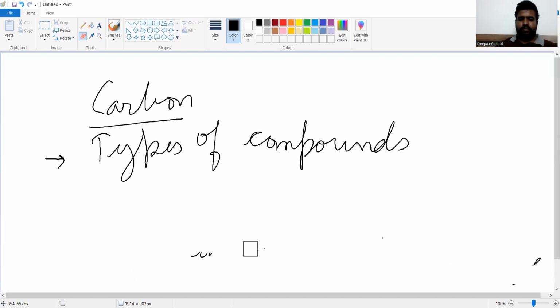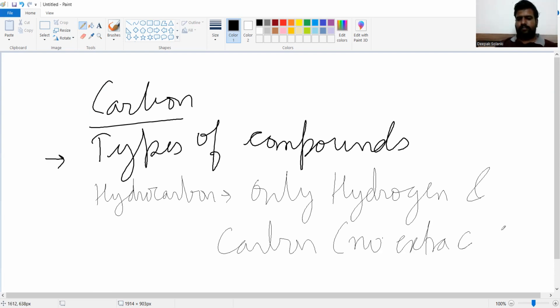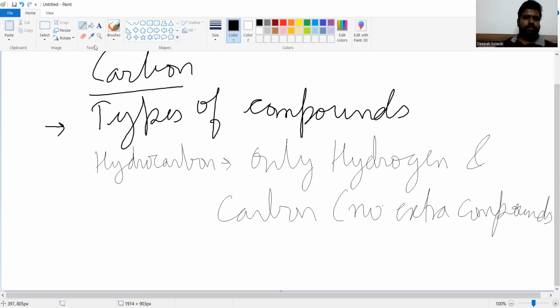The whole chapter is about hydrocarbons, so I want you to pay attention to this. Hydrocarbons are compounds in which only hydrogen and carbon are present. No extra element. Carbon and hydrogen make hydrocarbons.